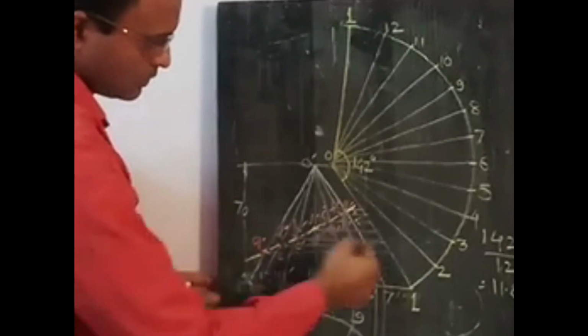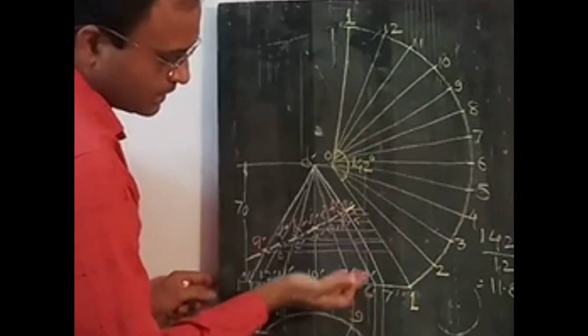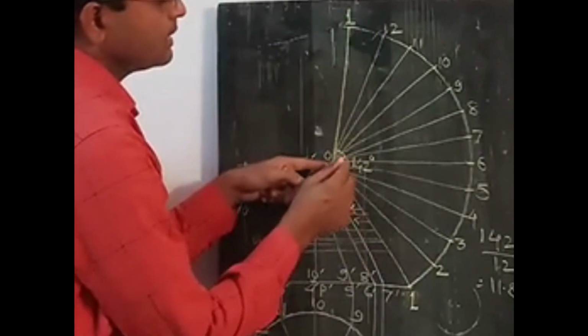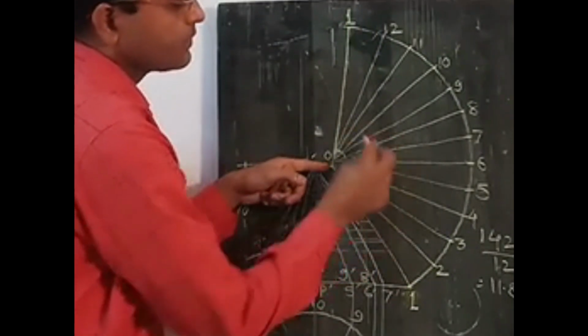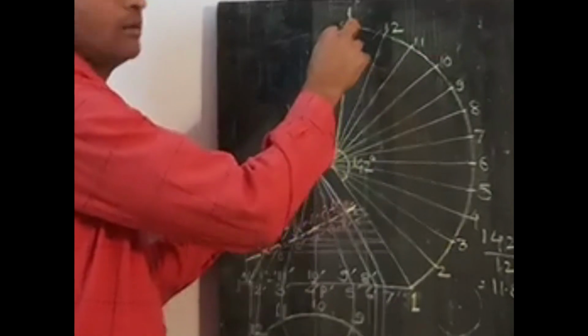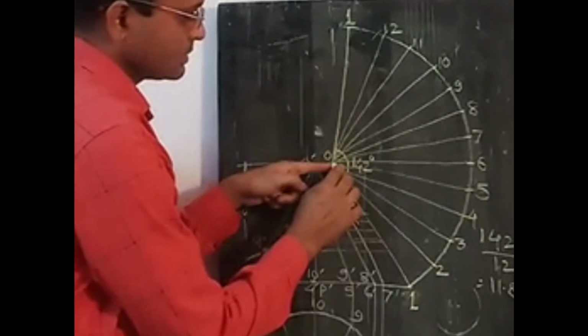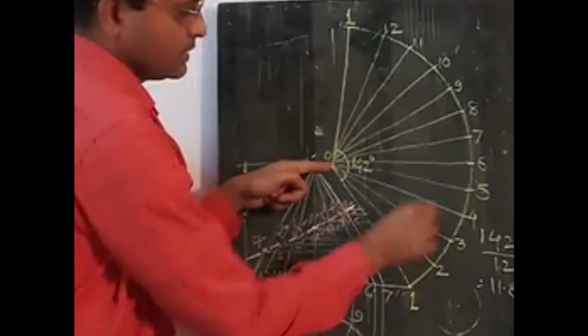Like this I have drawn all the projectors parallel to the base up to the true length. Now with center O and these radii, we have to draw arcs on the development. Take the distance O dash up to this point in the compass and draw an arc.